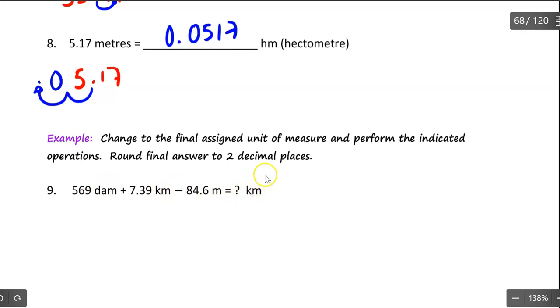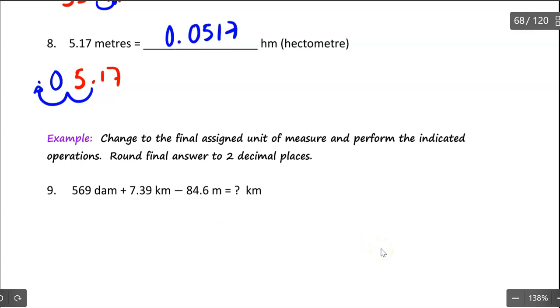Because this question is asking me to present my final answer in kilometers, I will convert the 569 decameters to kilometers, and I will convert 84.6 meters to kilometers. So I will have the consistent unit of kilometers, and then I can add and subtract.